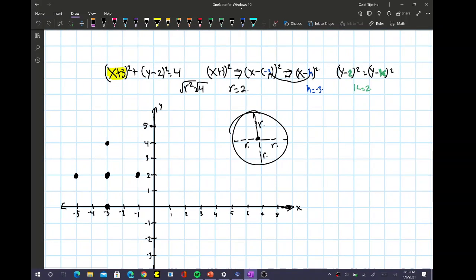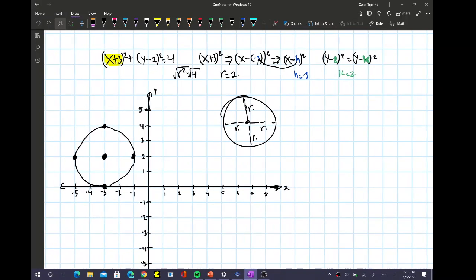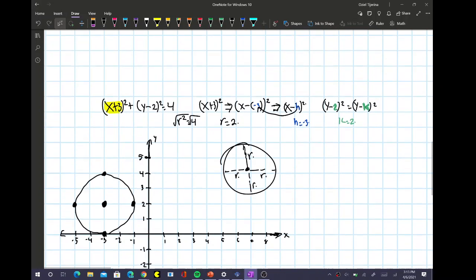Now, we can go ahead and trace our circle. That's how it would look if I were to do it without using the ink to shape thing that's right here. So that's how you would do it in vertex form.